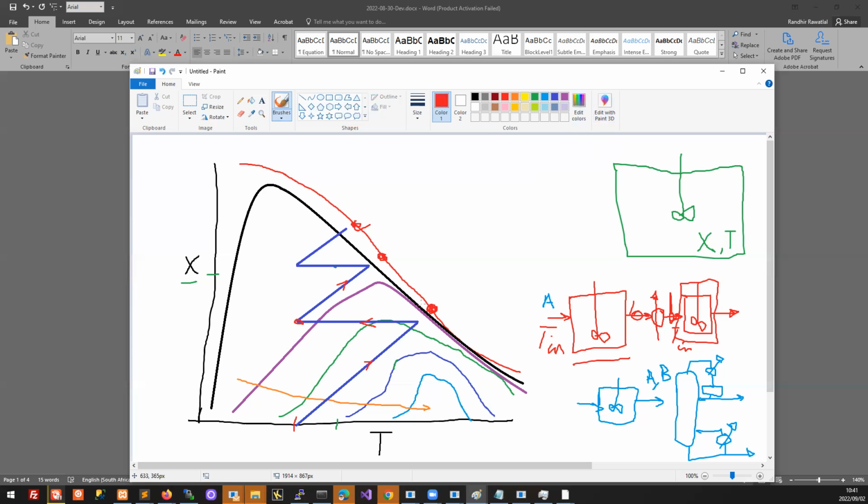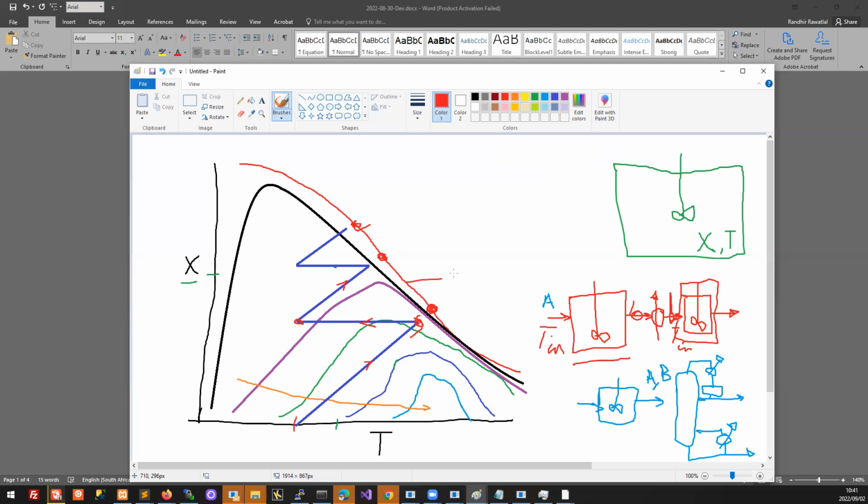But a question that should occur to us is, well, where must we stop, right? Why did I draw this point here, right? This line is well defined. That's my equilibrium line. The red line, that's a well-defined equilibrium line. But it's a complete free play deciding where to stop here. Of course, I don't want to stop right on equilibrium, right? On equilibrium, that is a higher conversion, but on equilibrium, the rate is zero, right?